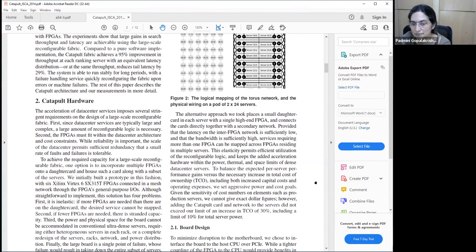Anyone? Anybody? Let's say I had an existing data center and I wanted to add an accelerator card like this to each server. Why would my costs increase?